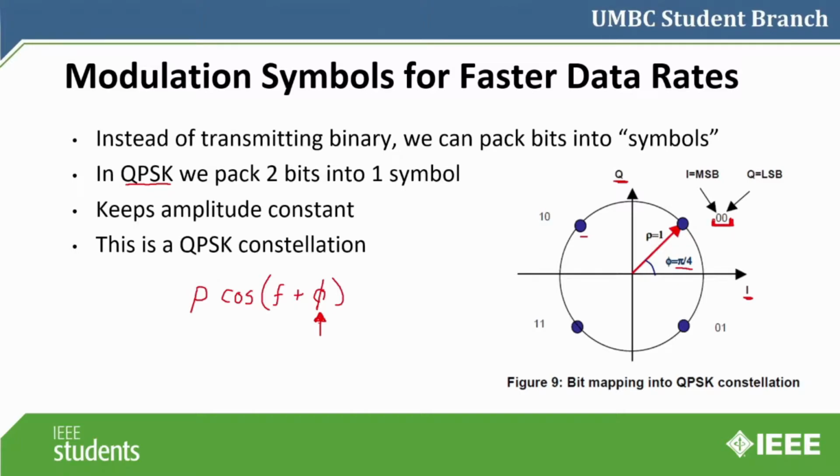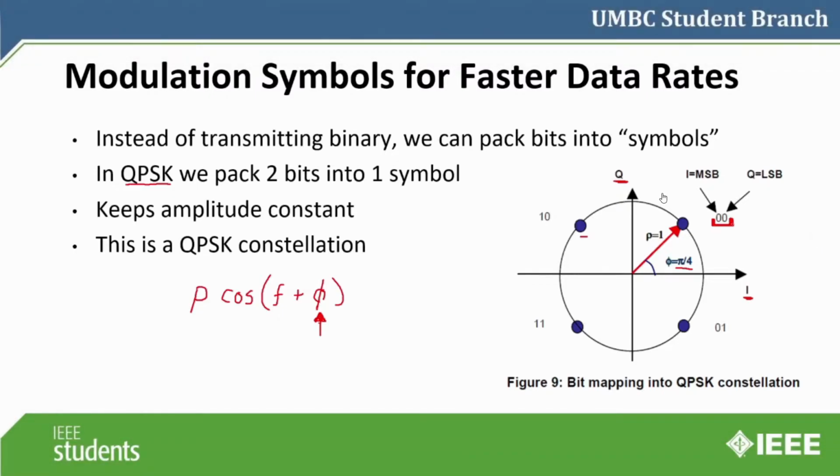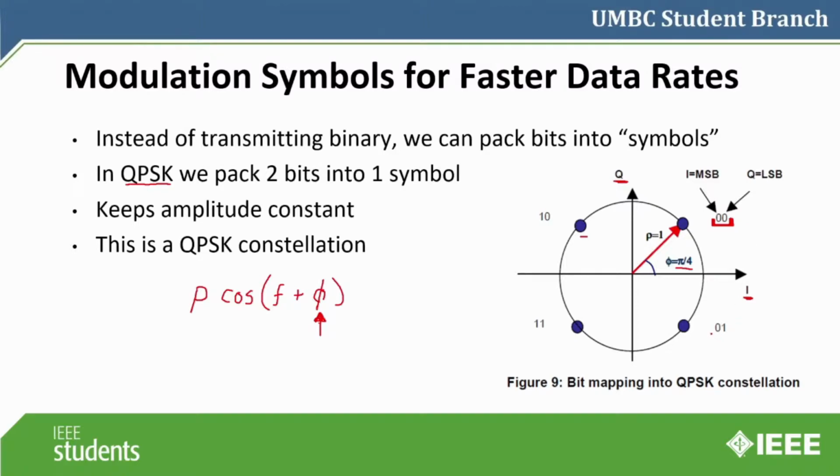Quick question. Is that using gray code for the? It is. Yep. And that's a really good point, actually. The reason we use gray code, which just means that adjacent points only differ by 1 bit position. So as you can see here, it's 0, 0 and 0, 1, and if you go the other way, it's 0, 0 and 1, 0. So only 1 bit position changes between each point.